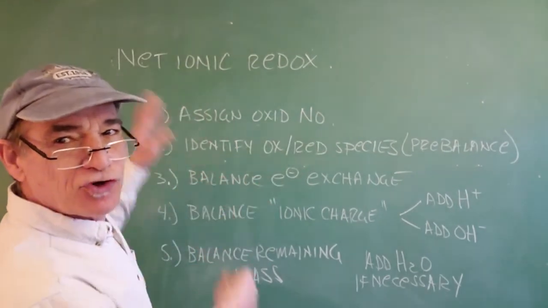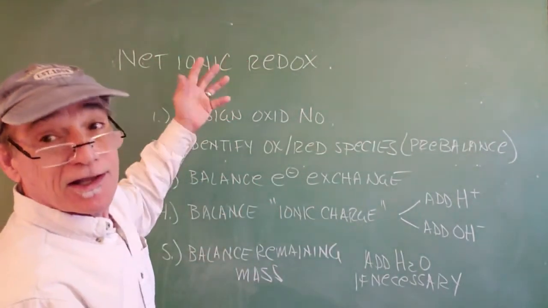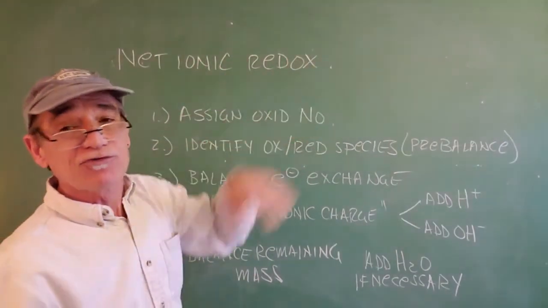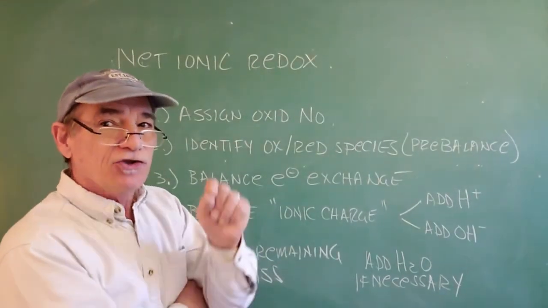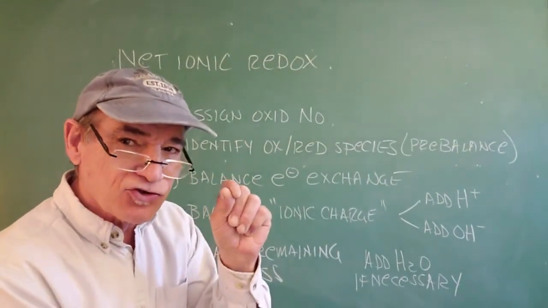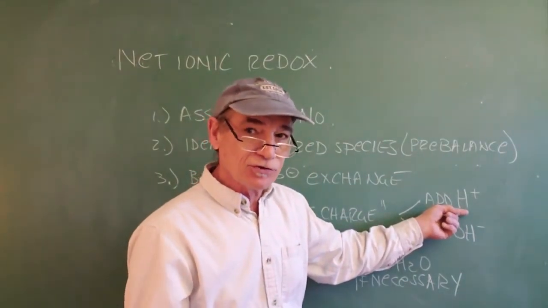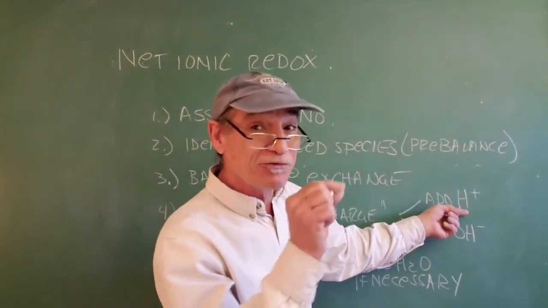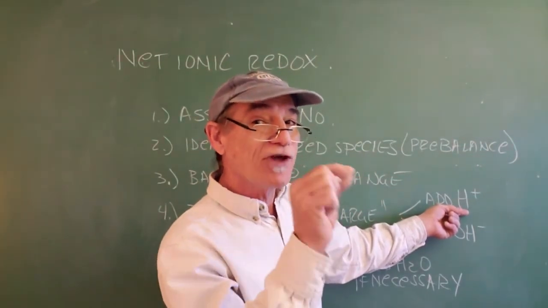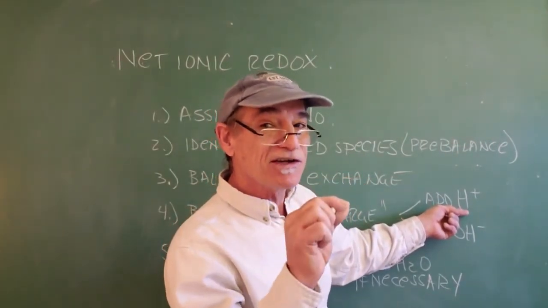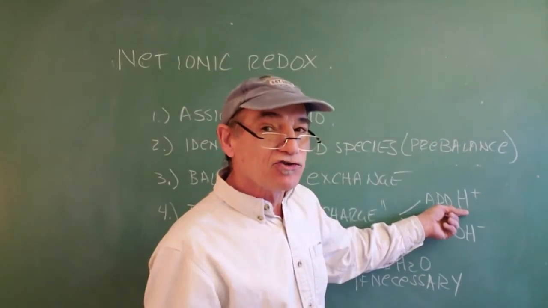The net amount of charge coming in on one side actually has to be balanced with the net amount of charge going out on the other side. Your currency for balancing this charge are the hydrogen ions for those equations done in acidic solution. So you can feel free to add hydrogen ions to either side of the arrow that's necessary to balance out the ionic charge.